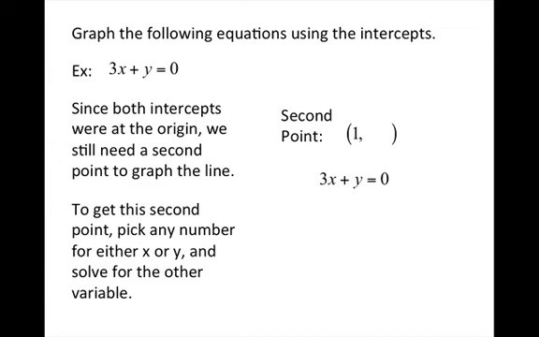So I have 3x plus y equals 0. I let x be 1, so that gives me 3 plus y equals 0. If I subtract 3 from each side, I get y equals negative 3. So this gives me the ordered pair (1, negative 3). And you could have let x or y be any value you wanted. I just picked the 1.